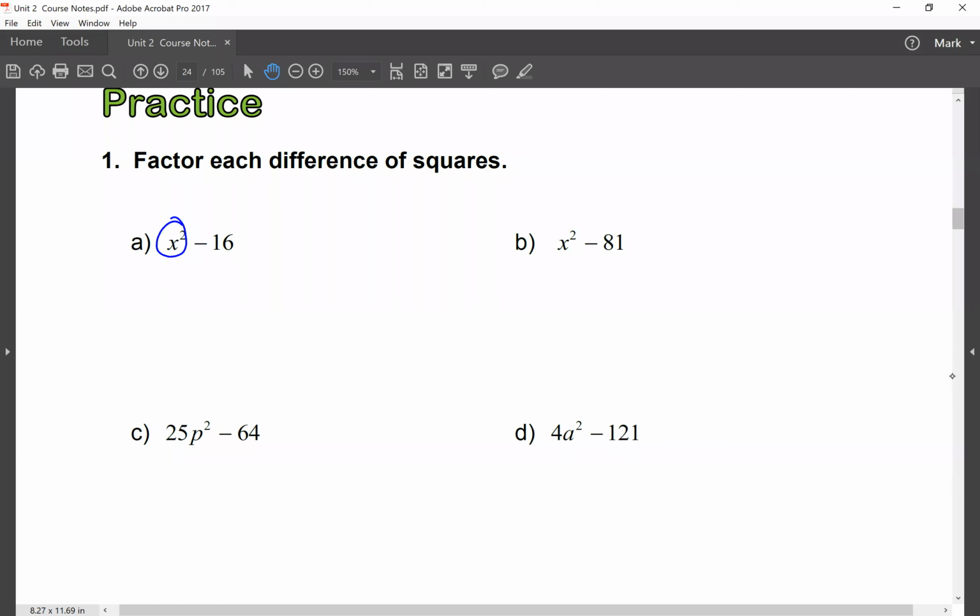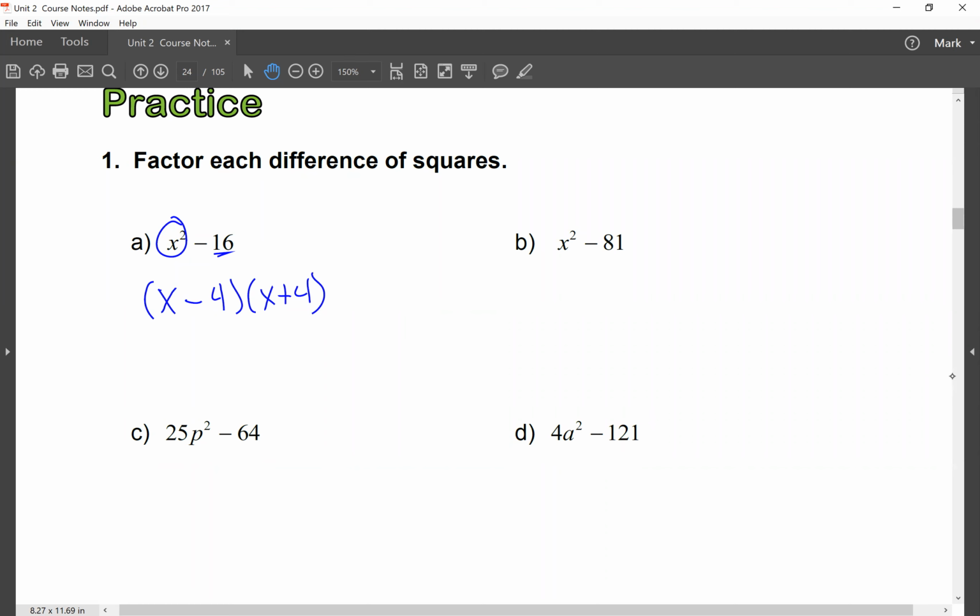So what I do first is I write down the square root of x squared, or just x is what I get. And then 16 is 4 squared. So this would be x minus 4 and x plus 4. The order that you write that in doesn't matter. You could write x plus 4 times x minus 4. It really doesn't matter. Just make sure one is positive and one is negative.